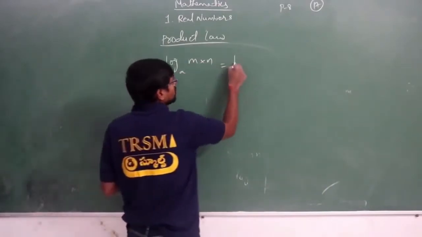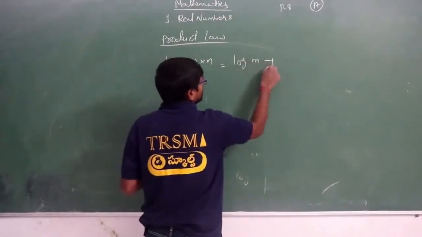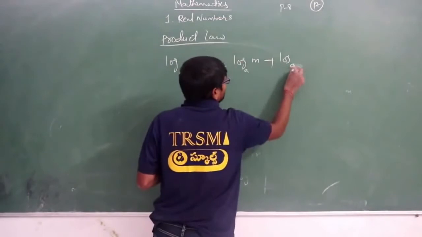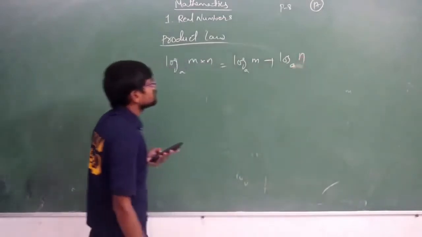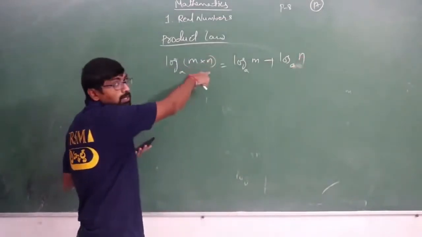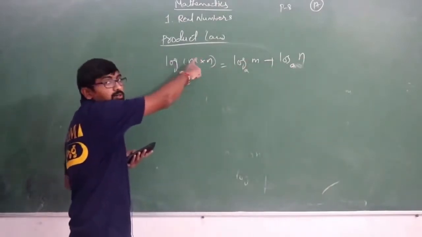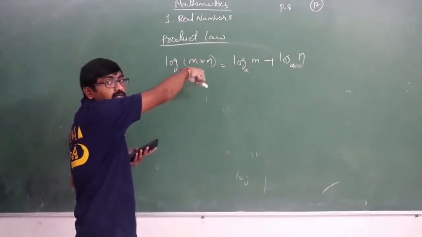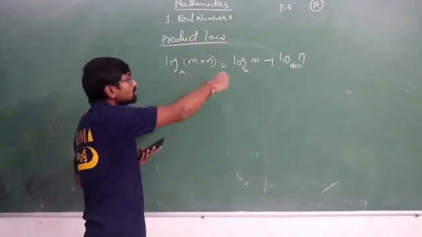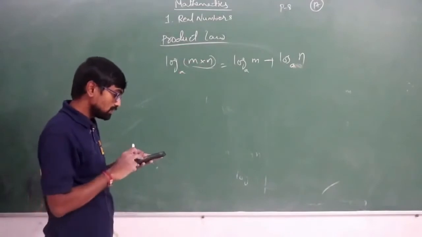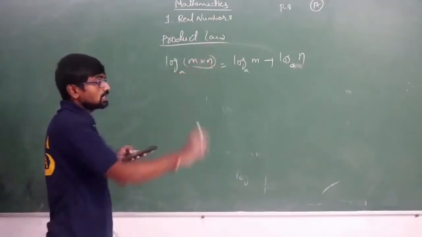If we take base a, we get log m base a plus log n base a. Here they are multiplying, and when we convert, we get two logarithms. This is product law. If two numbers m and n are multiplied, we get this.